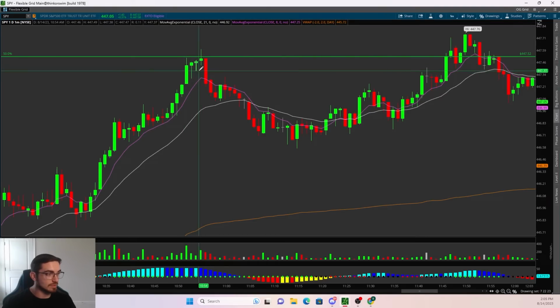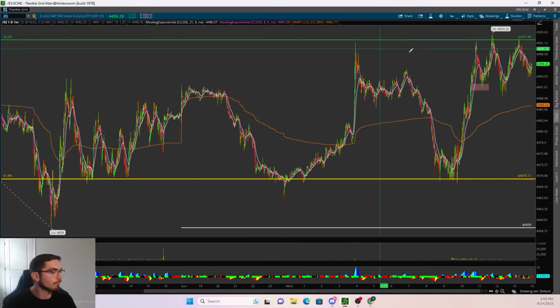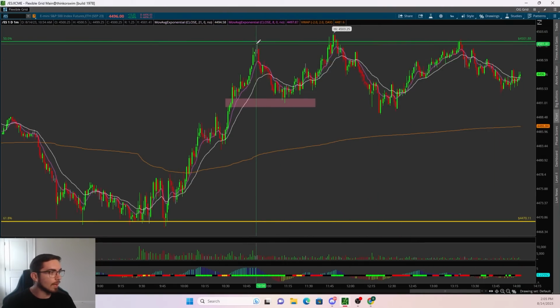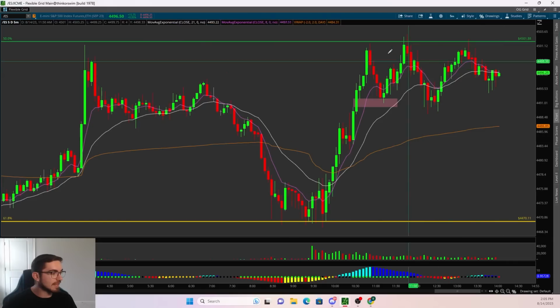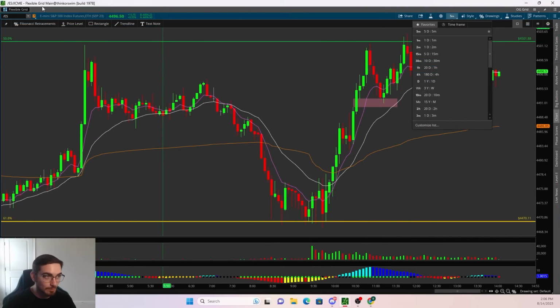Both of those were entries for me, and as a result, my stop loss was above, I believe it was 445.03 on ES. So as we see over here, price came up, got very close to that 50% retracement. So I said, okay, if price starts trading above 445.03, I will get out of this trade and I will accept my loss. So when it comes to identifying your stop losses, again, I'm going to keep repeating it.